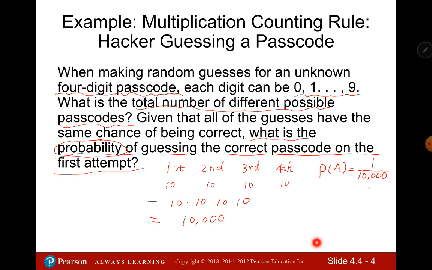So the probability will be 1 over 10,000. If the question is just asking for the number of different passcodes, then that will be 10,000. But if it's about the probability, you cannot just give me 10,000 as your result. It should be 1 over 10,000. So make sure you know the difference between the counting problem and the probability.